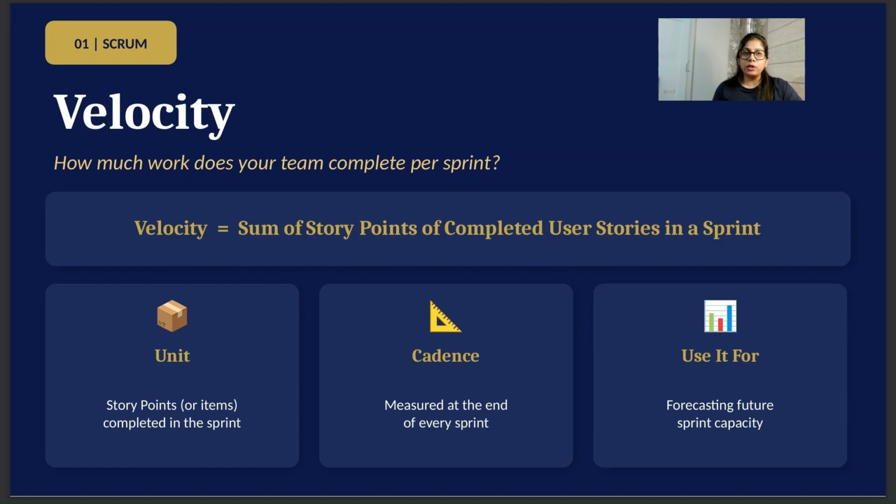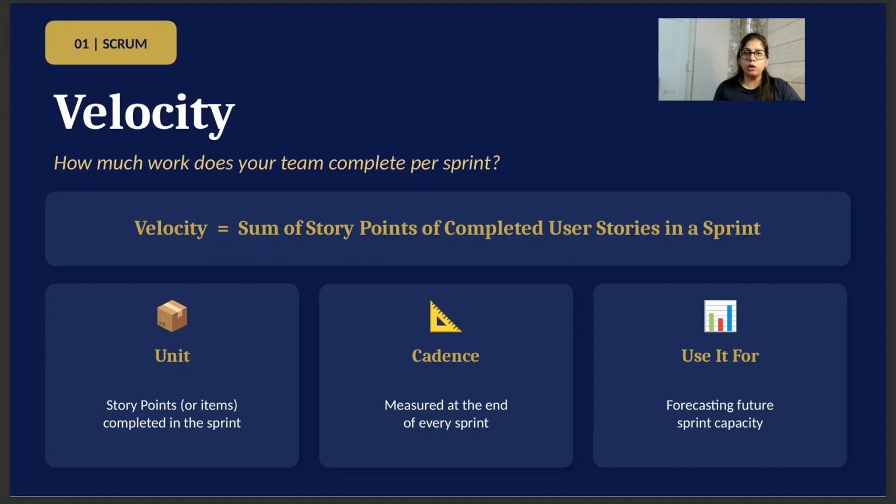Okay, so the first metric is velocity. This is a very common one, and I hope that you all might be using it in your day to day work as a Scrum Master. So, what is velocity? It is the sum of story points of completed user stories in a sprint. What is the unit that you might be using for your user stories? Story points, or maybe items completed in the sprint.